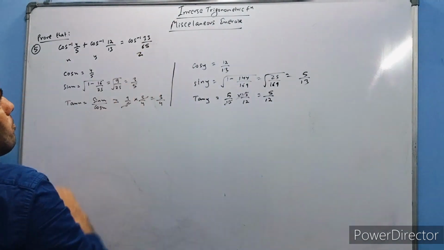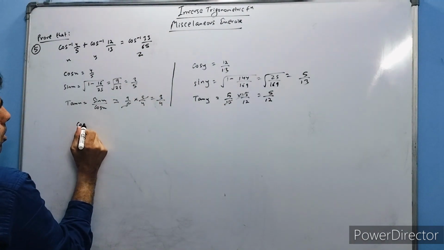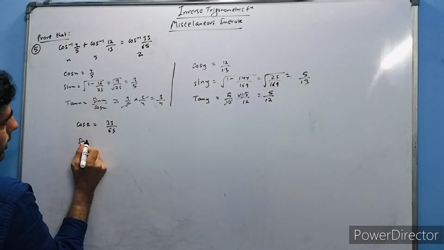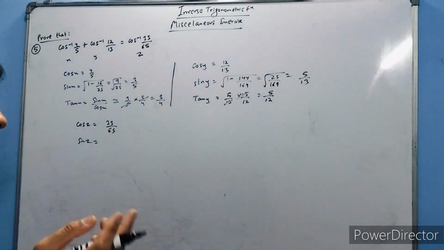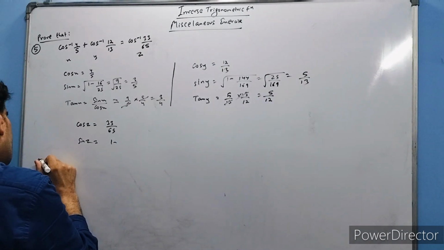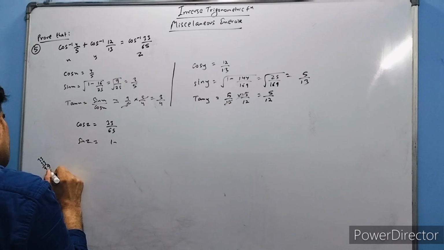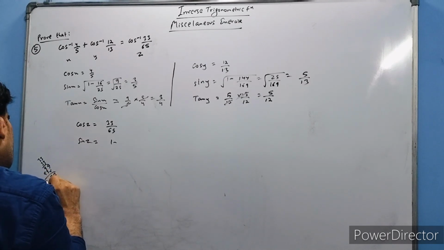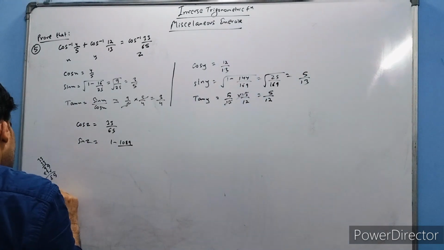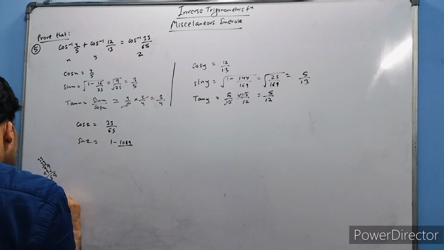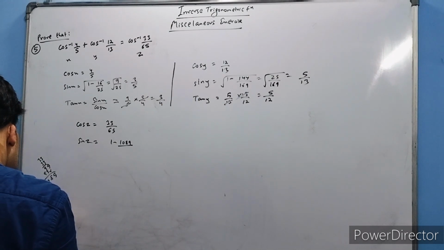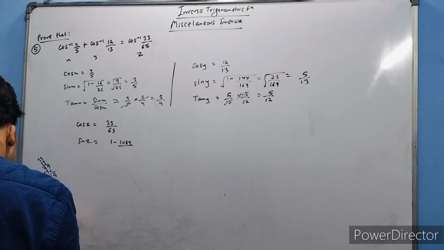Let's take it z. So cos z is equal to 33 upon 65. Now sin z will be, we'll convert this also in tan. So now 1 minus 33 into 33, 1089 upon 65 squared, that is 4225, minus 1089.